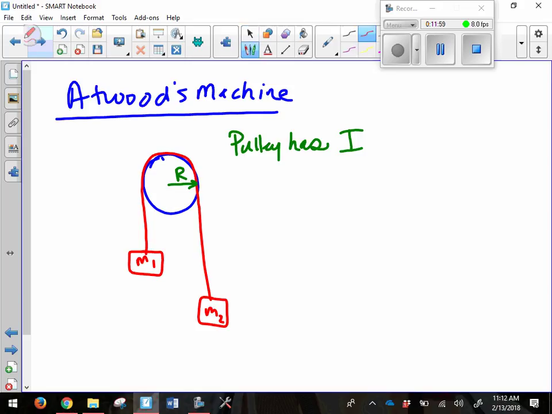Okay, so I've got my M1 here. There's going to be FG1 going down. There's going to be tension 1 going up. If I consider the pulley as a part of the system, I can't assume that the tensions are the same on both sides anymore.